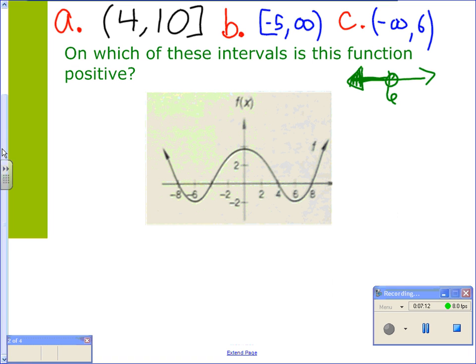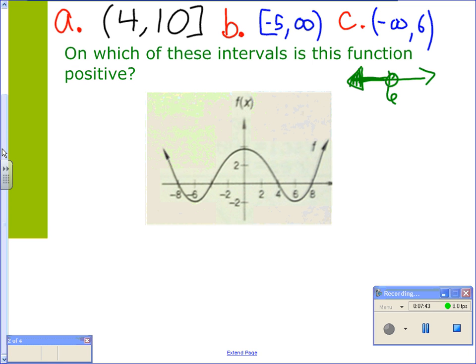On which of these is the function positive? So first off, let's figure out where the function is positive. Is it positive when it's over here? I mean, is it negative when it's over here and positive when it's over there only? Like all this is negative and all that is positive? Okay.